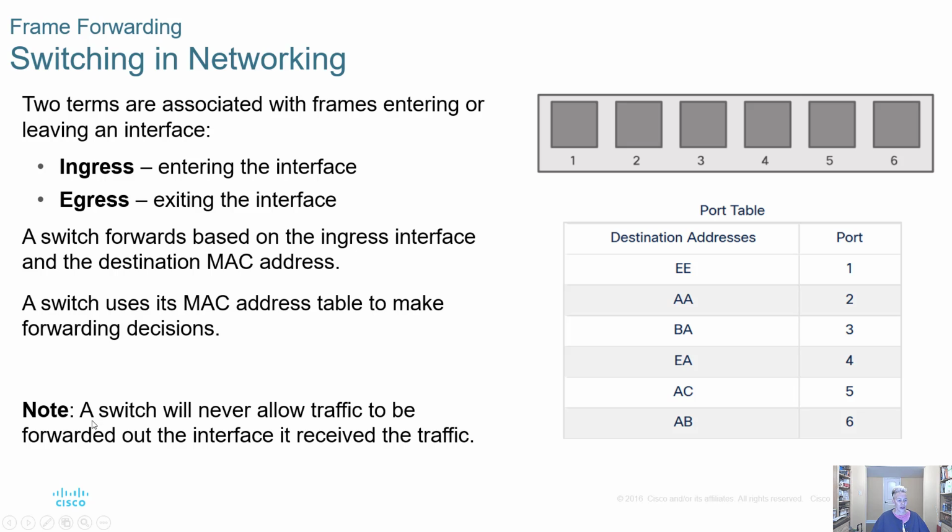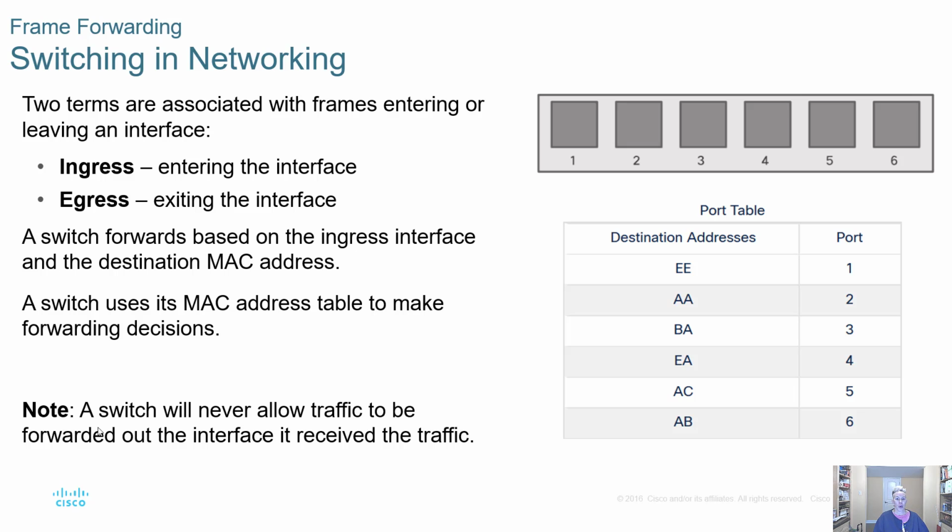Okay, now here's another thing that I want you to just make sure you do know, and that is that a switch will never allow traffic to be forwarded out the port that it received the frame on.